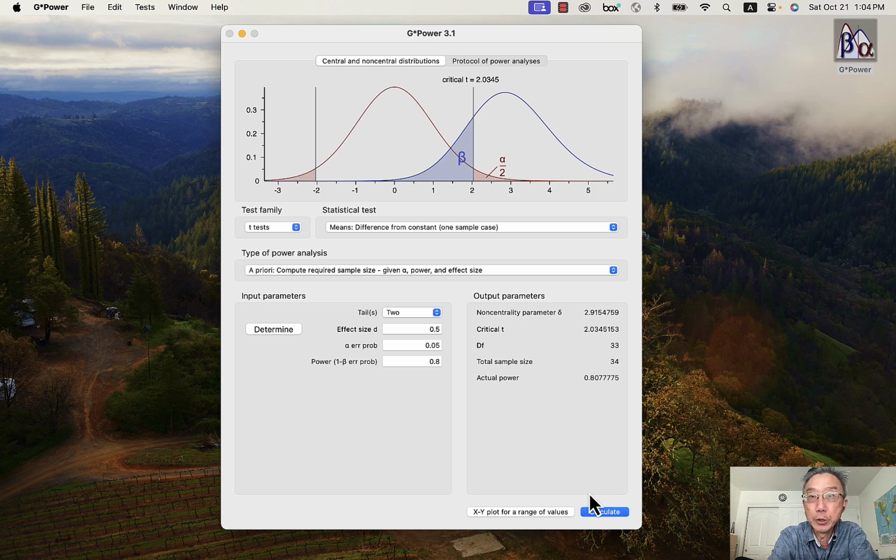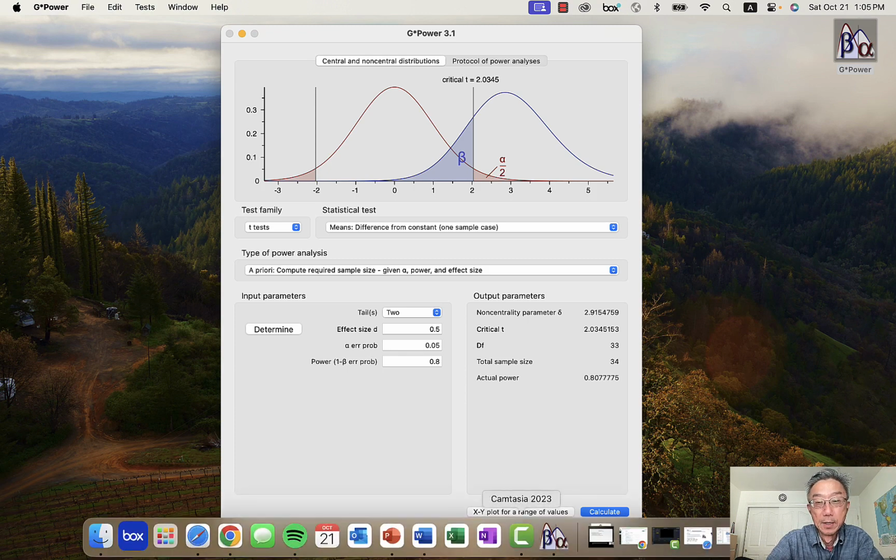It's a great tool if you ever need to conduct power analysis. And so again, just to summarize, there are four things to consider: sample size, effect size, alpha level, and the level of power that you want. If we know three of these, we can figure out the fourth one.